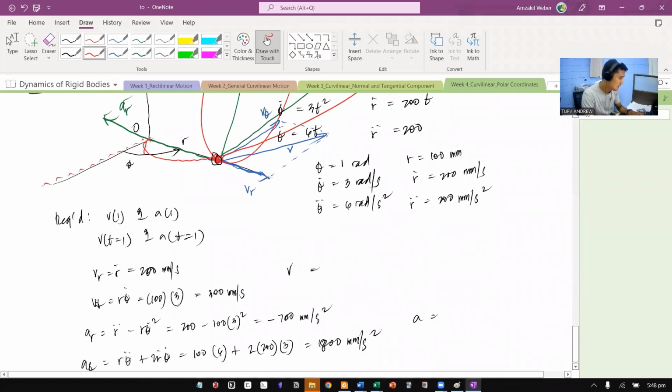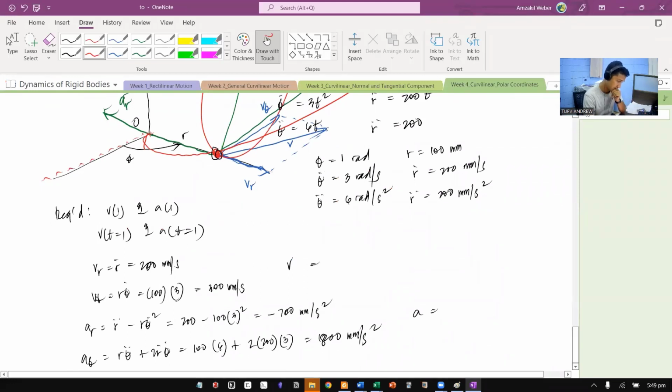Okay, so what is the velocity? No, acceleration. Squared, 200 squared, 300 squared. Okay, I'm still waiting for the answer. Here the velocity and acceleration.